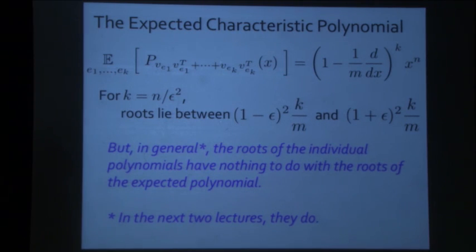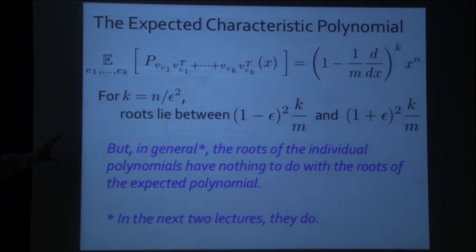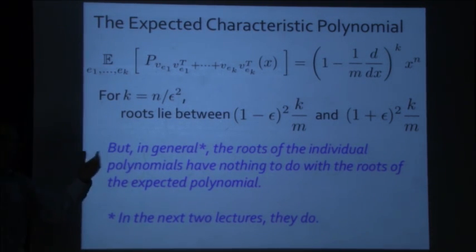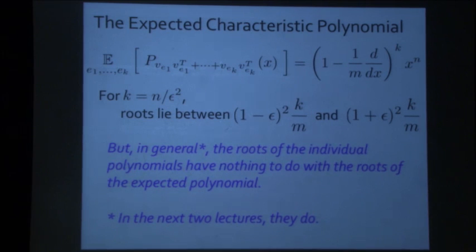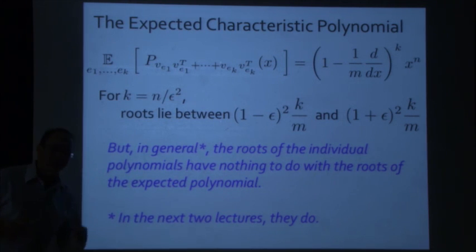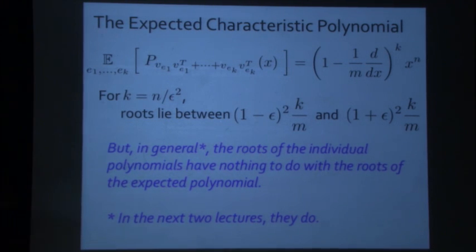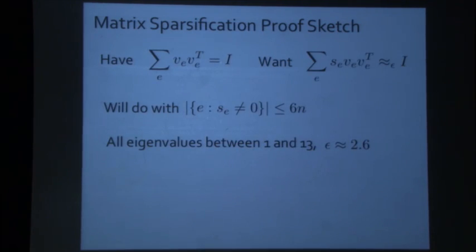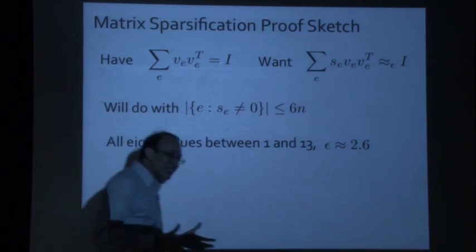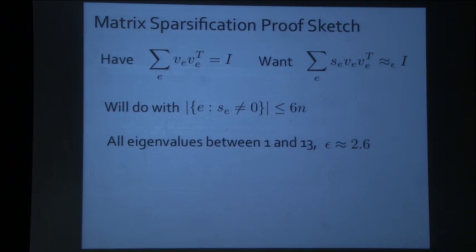So I can't just look at the expected characteristic polynomial to say there is a good approximation. But this at least will guide our analysis. And I will still show you there is a particular choice of vectors you can add that will satisfy these bounds precisely, or at least as good. Okay, so now that I've given you the motivation, for the proof, I can tell you how we make it work.